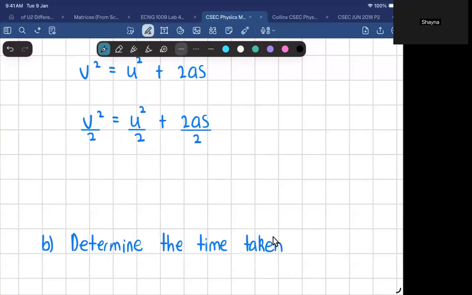Honestly, at this point I've done enough questions that I don't even bother making a the subject, because I've seen it so many times. Yes. All right, so we have v squared is equal to u squared plus 2as, divided by 2. What are we going to do next?